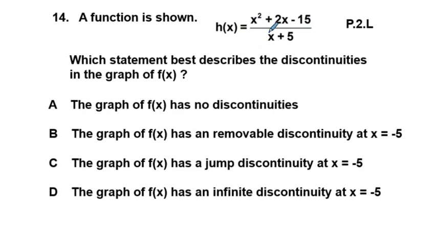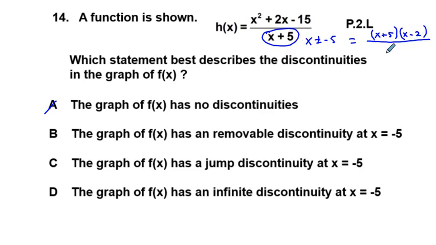Well, if we can make the denominator equal to 0, which we can, we can see here that x cannot equal -5, because if x is -5, we're going to be dividing by 0, and so A is not a correct answer. And so if we go ahead and factor the numerator, we're going to have this factored in the numerator to x plus 5 times the quantity x minus 2.